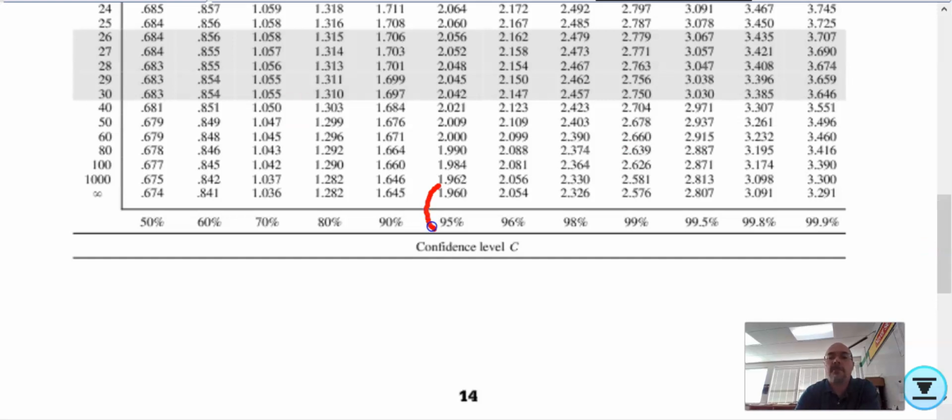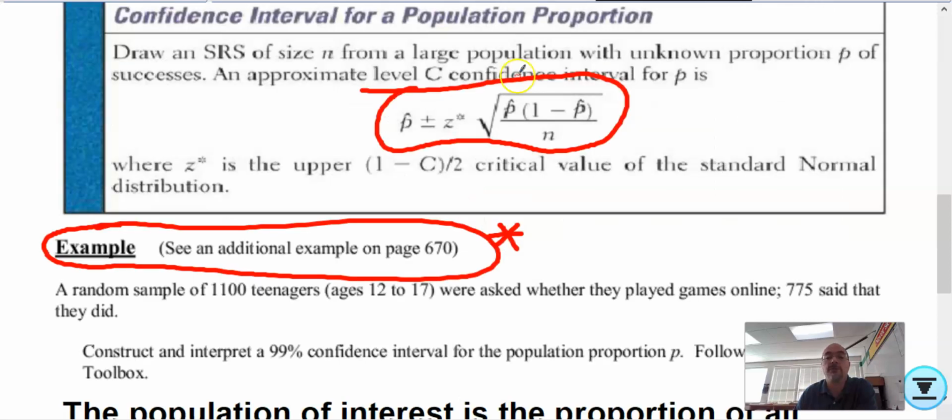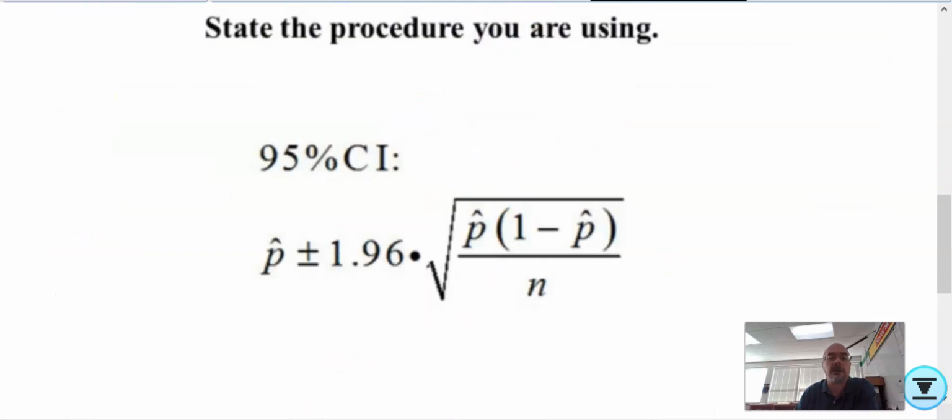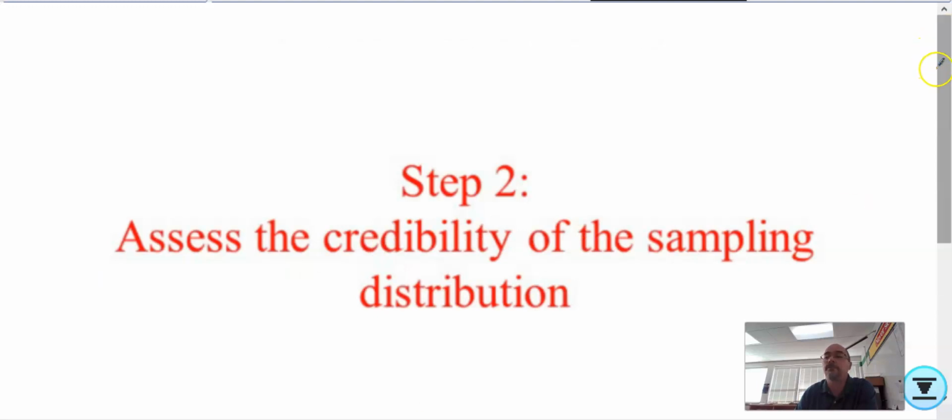For a 95% confidence interval, z star is 1.96. And again, with proportions, ladies and gentlemen, we always use z star. We will never use t star and degrees of freedom with proportions. All right, oops, wrong one. Let's get back to this one. That's the formula we're going to use. Remember, you do have to identify that.